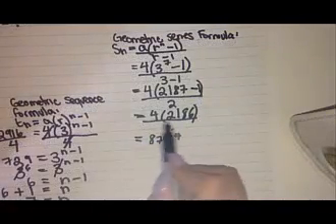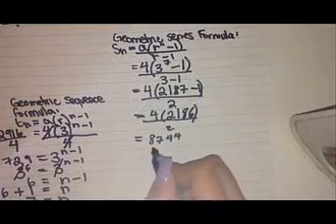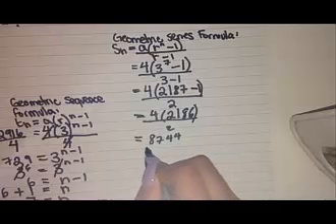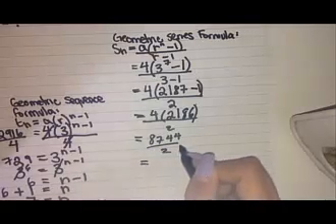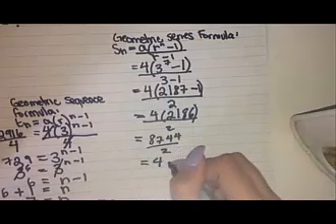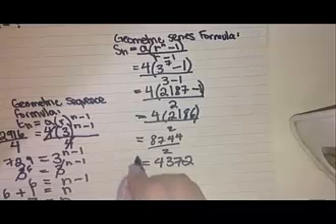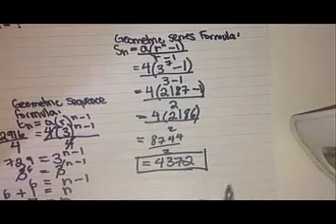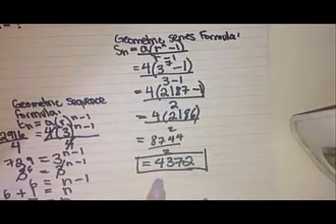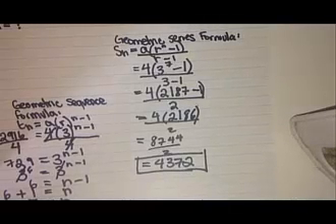If we multiply those two values together, it gives us 8,744 over 2. And if we divide that, we get 4,372. So that's how we find the sum value of a geometric series.